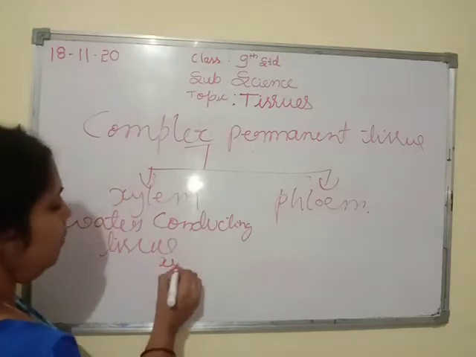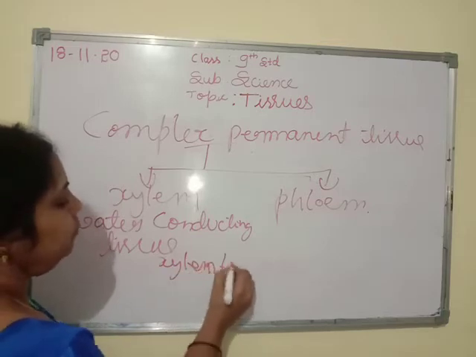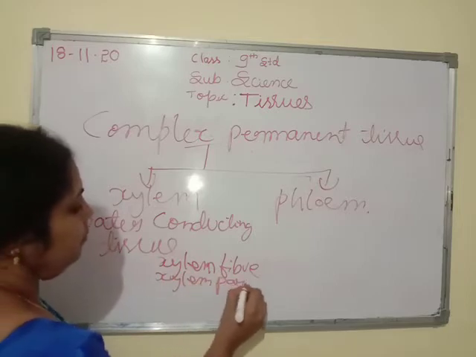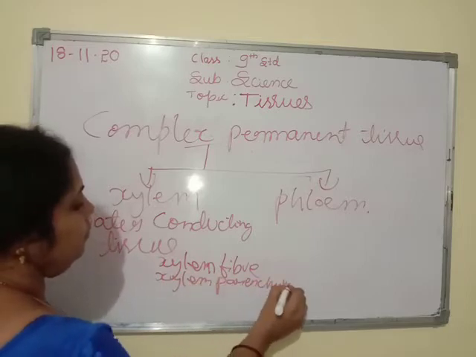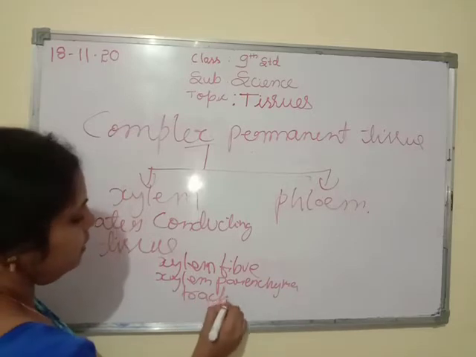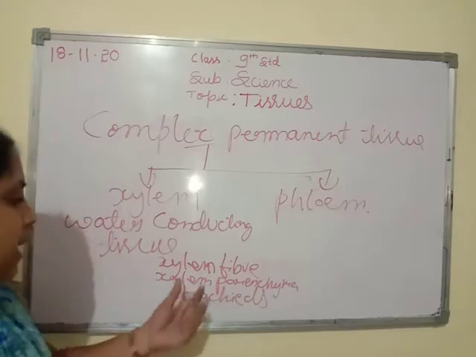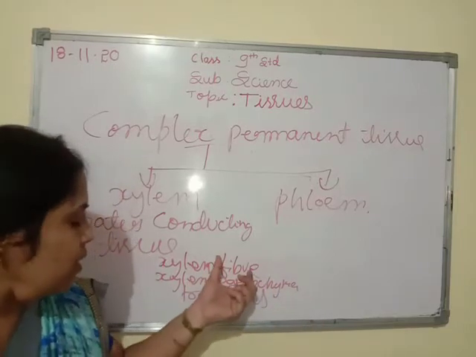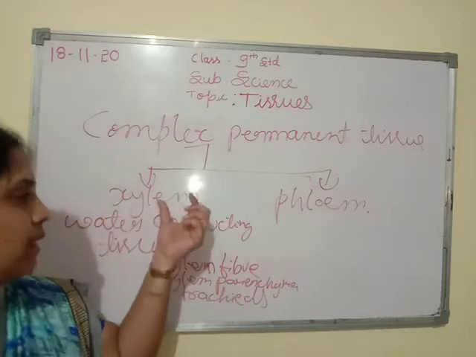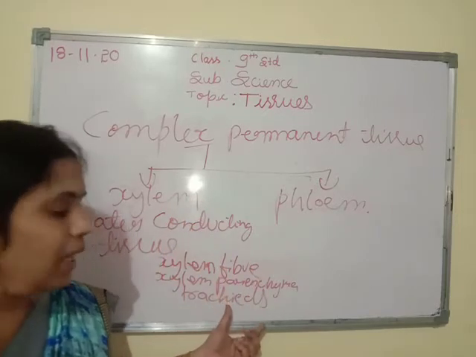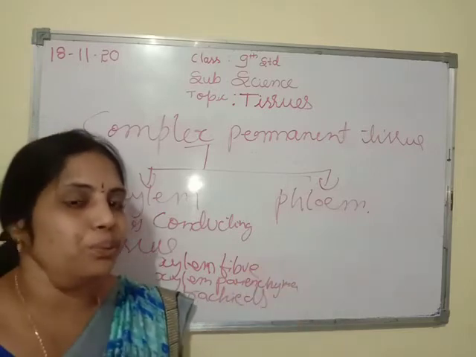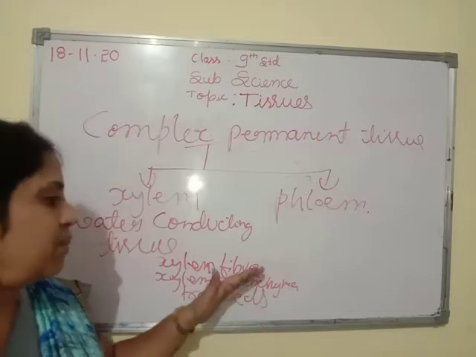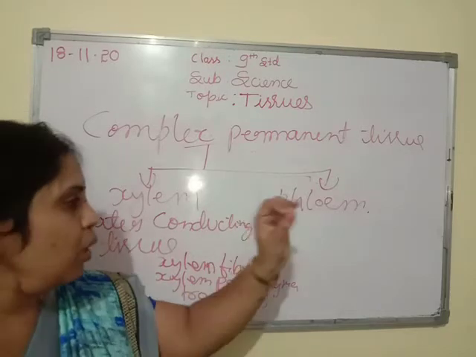They are xylem fiber, xylem parenchyma, and mainly tracheids. These are the cells present in the xylem. These types of cells together form a tissue. Each and every cell helps in the transportation of water from one place to another place.